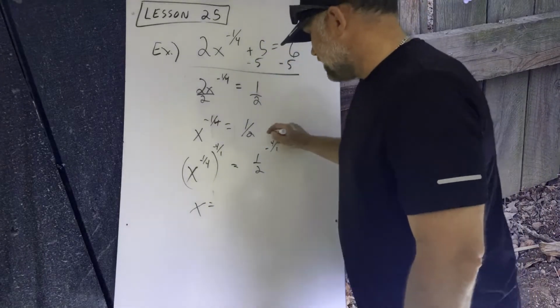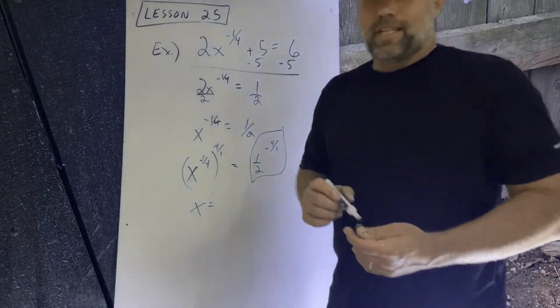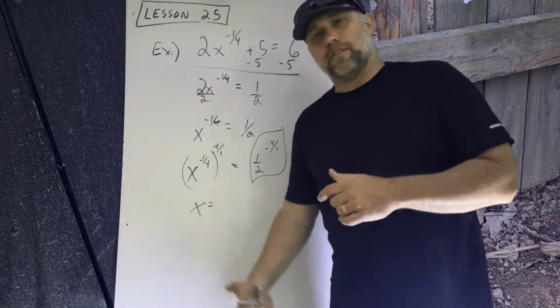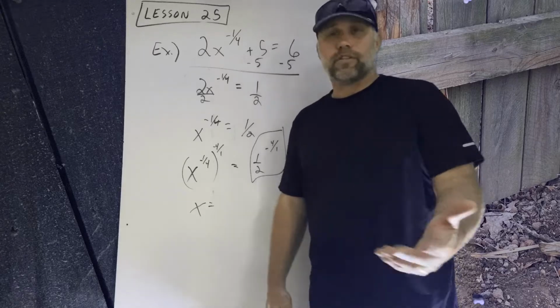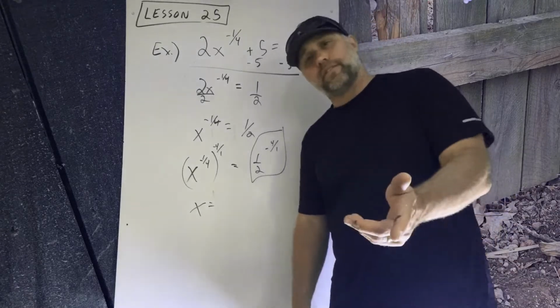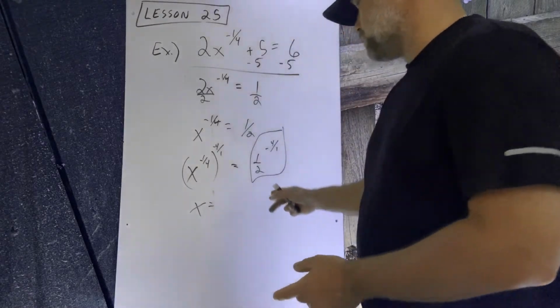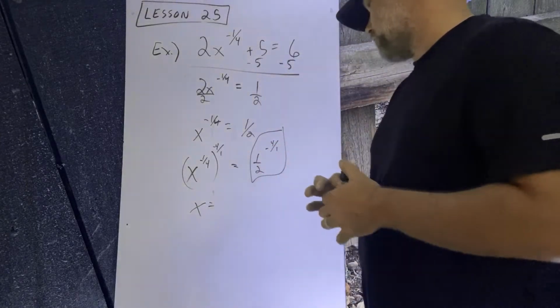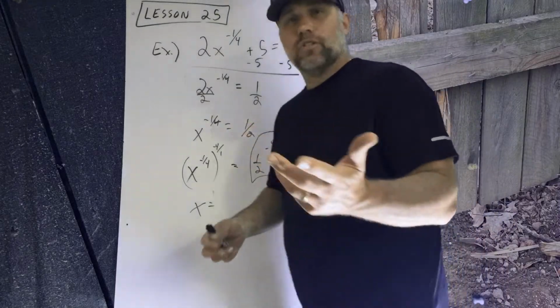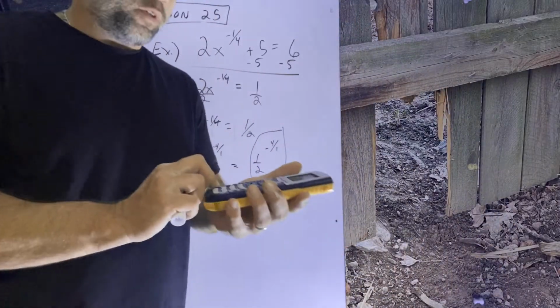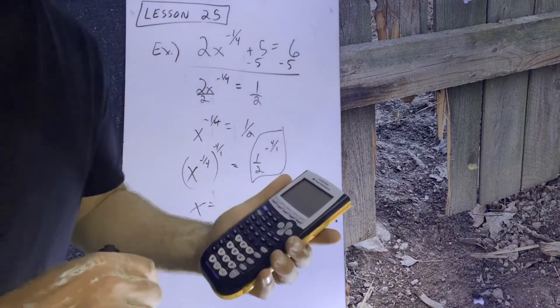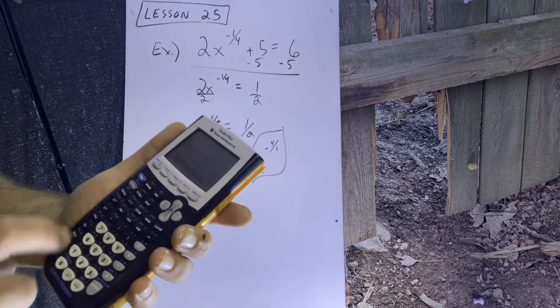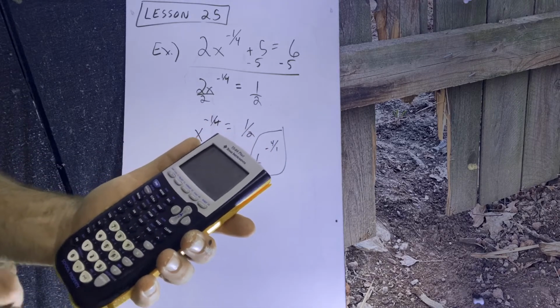Now this is kind of complicated. Taking a half and raising it to the negative 4th is a little tricky. I would encourage you to just do that on your calculator. Take your calculator, use your fraction button, take a half, and raise it to the negative 4. If you wanted me to show you that real quick, I will. So I would take your fraction button, go Alpha F1, grab a fraction.